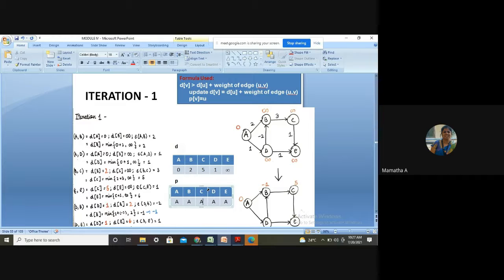Through which vertex did I get this 5? What is the value of U? B, ma'am. Yes, you have to update it to B. Why? Because via B, you reached C. You can observe here, U is B. That's why you have to update here.